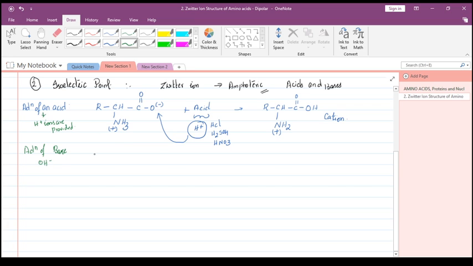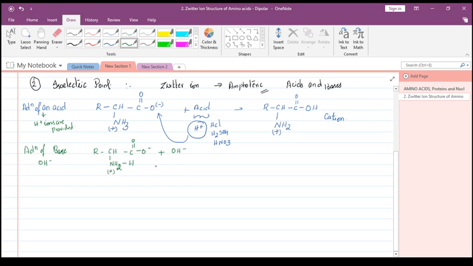For the same molecule, you add base, that is OH minus. What happens? OH minus will abstract a proton from here. NH3 you can write as NH2 and hydrogen.